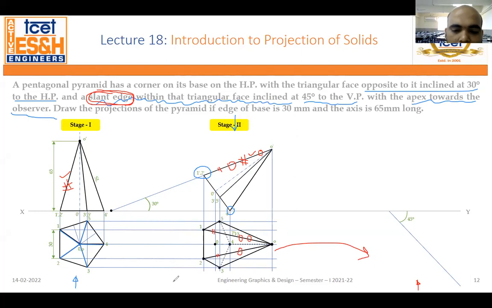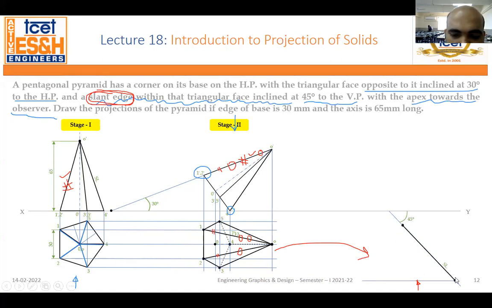If you are taking these values directly here, then your answer will become wrong. ठीक है, so for that purpose what they have done is they have placed a point and then this is your slant length.